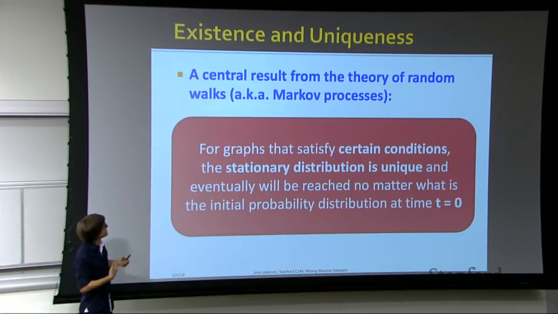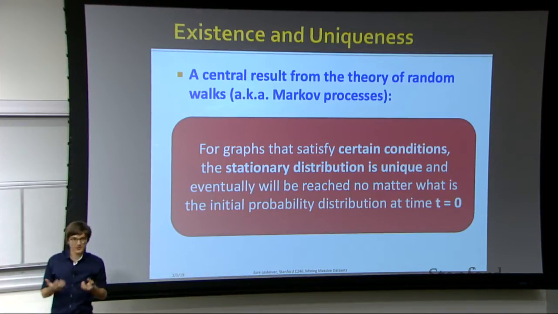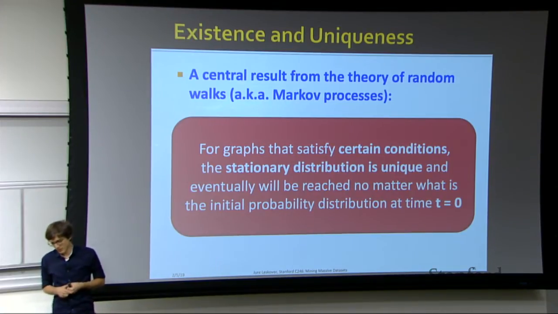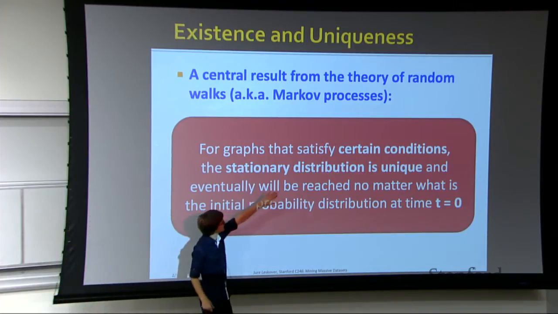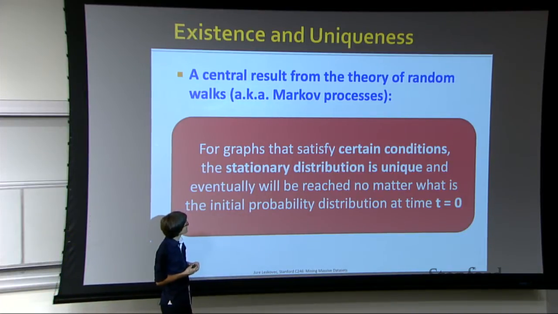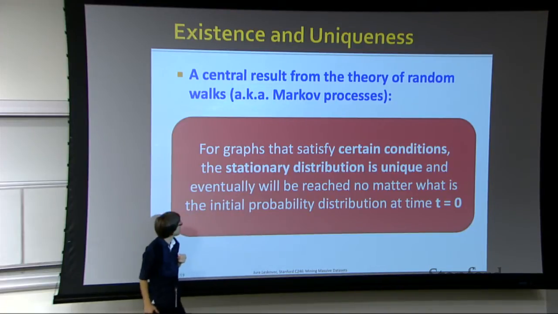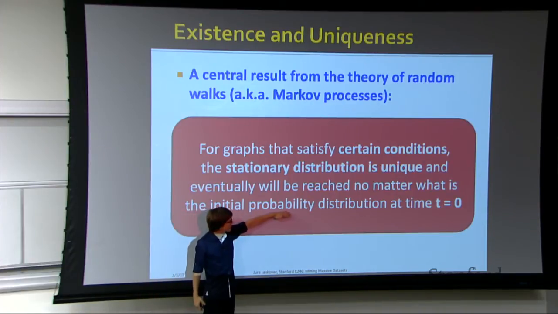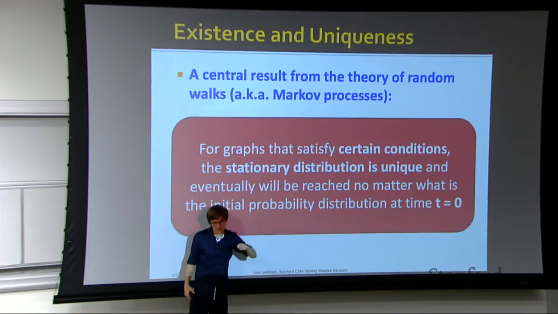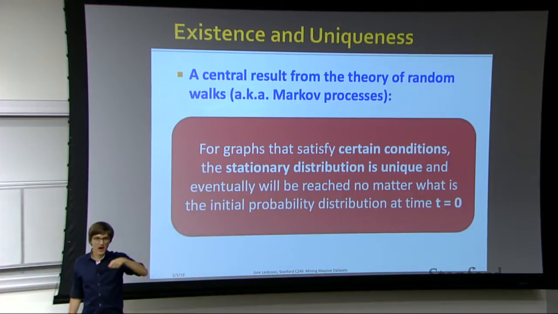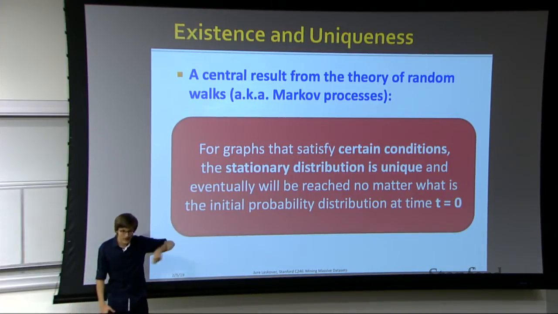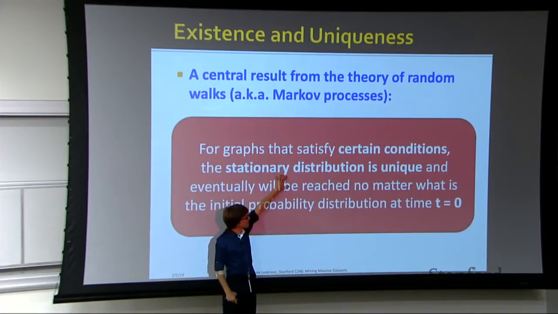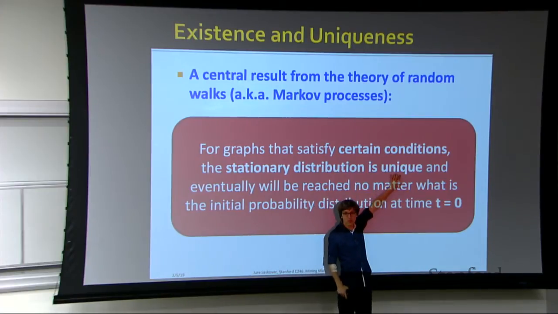The central result of the theory of random walks, essentially the theory of Markov processes, says that if graphs satisfy certain conditions, then this stationary distribution is unique and will eventually be reached no matter what the initial probability distribution is. So I can start with my vector R0 to be anything, and if I keep multiplying it with M long enough, it will converge to the stationary distribution, and this distribution will be unique.